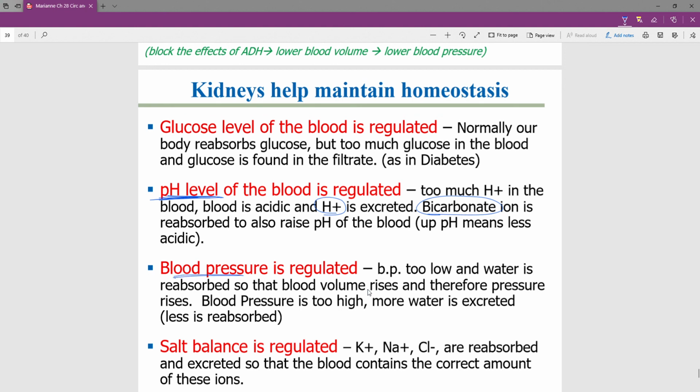Water is reabsorbed throughout the nephron, so if you can control how much water is reabsorbed, you can have an effect on the blood pressure. The other one is salt balance being regulated. We put Na and Cl being reabsorbed throughout the nephron and potassium ions being secreted in the distal tubule, just to make sure that our blood has the right amount of those ions in it.